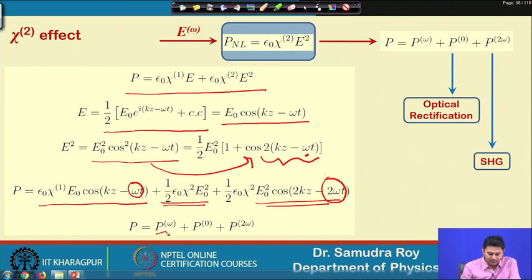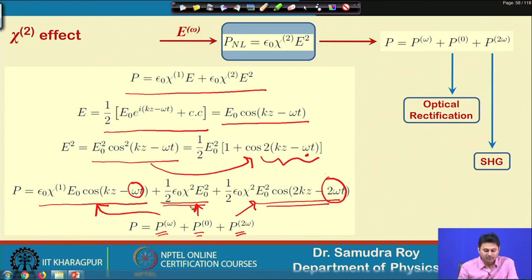Now, if I write my polarization P, it can be represented in 3 parts: P omega, P 0 and P 2 omega. P omega is the term having the frequency component omega. P 0 gives no frequency, and is a constant kind of term.